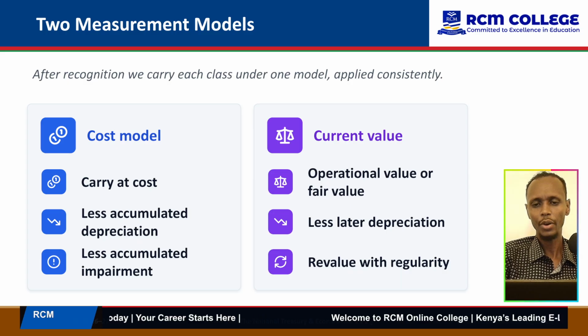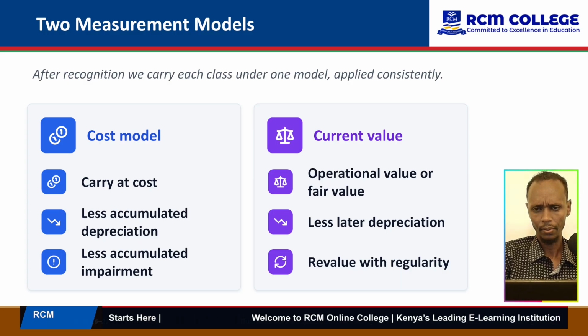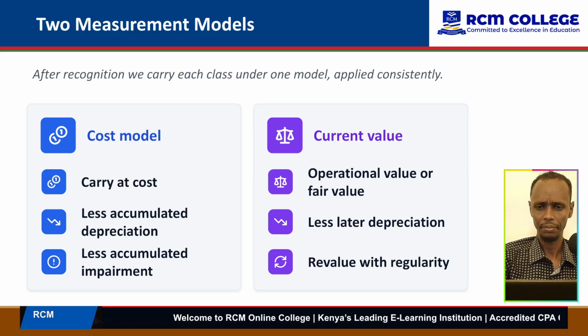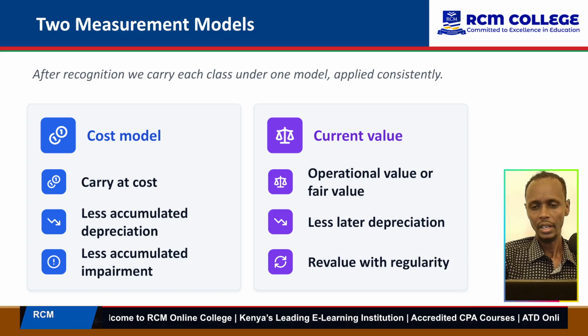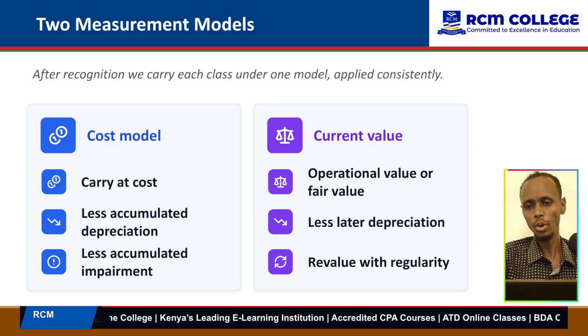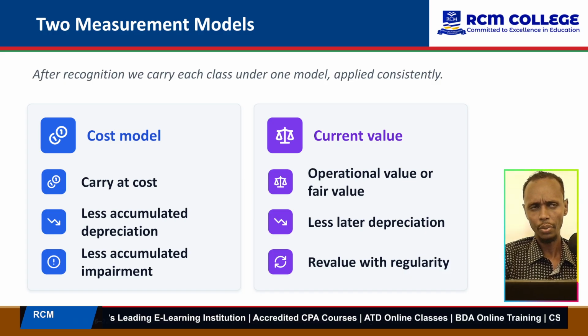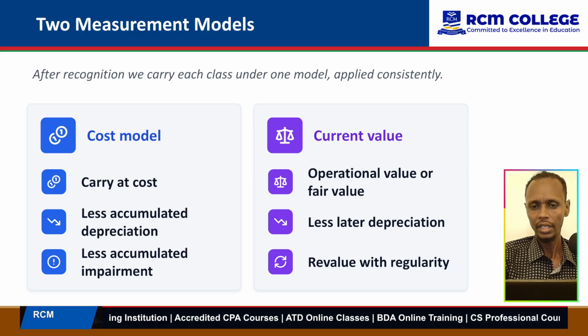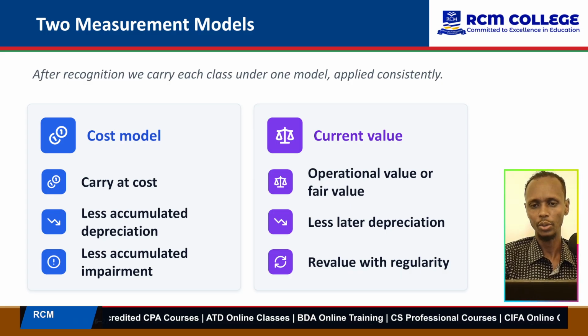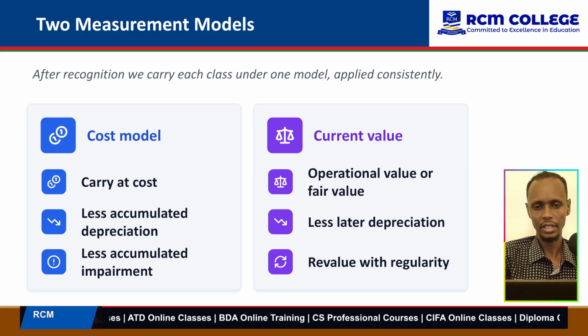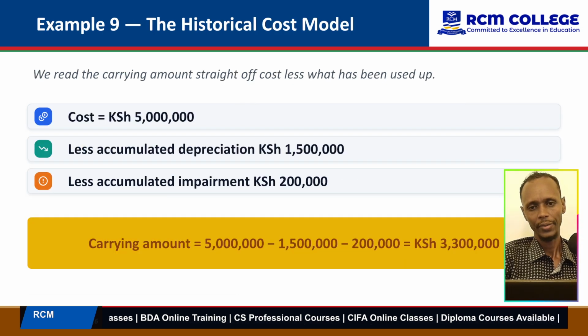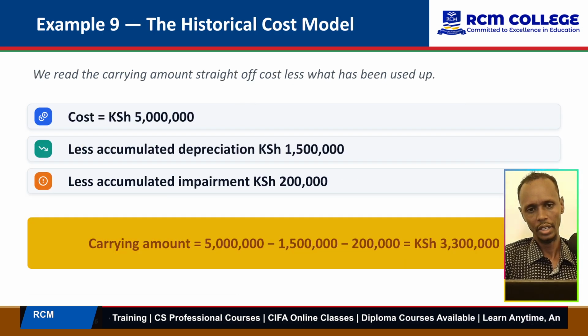Alternatively, a professional can estimate directly, without using depreciation to go back to the previous period. A professional can easily estimate and tell you this is the current value of this asset in the market.